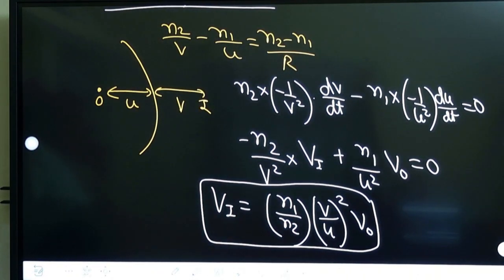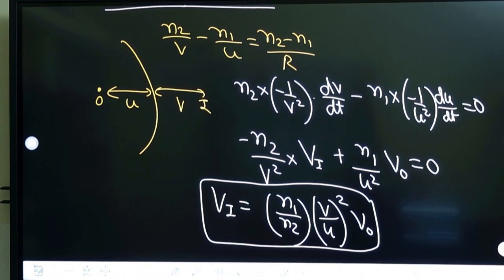Let me check whether this is correct. V by u whole square and n1 by n2, correct only, I think. But this v by u we can write as lateral magnification.